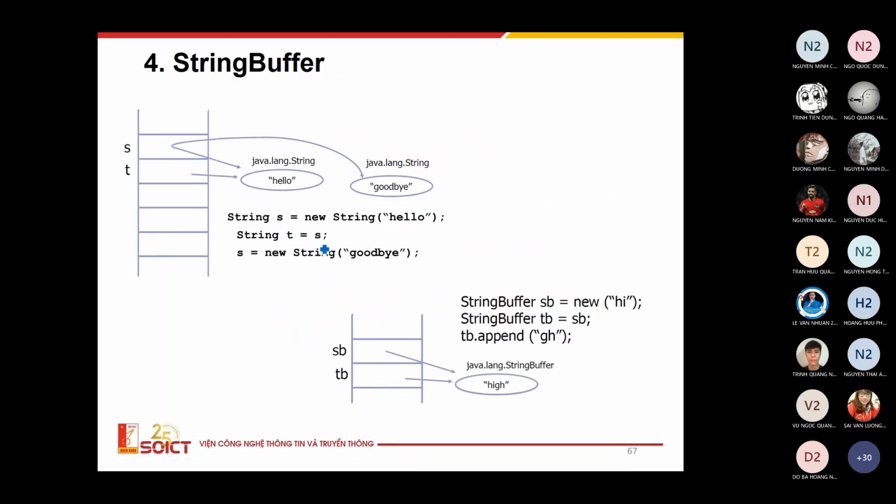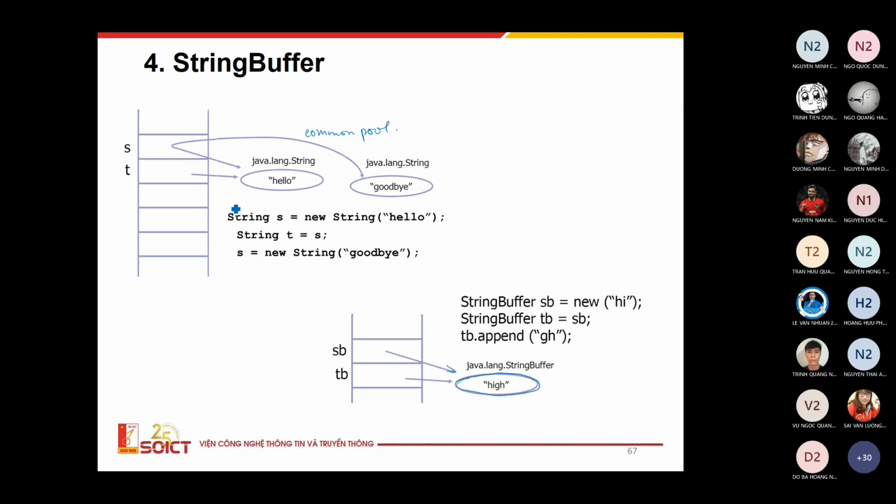So this is the illustration of the difference between String and StringBuffer. For the string, you know that they refer to the common pool. And for the StringBuffer, they refer to just a new one, only one memory region.